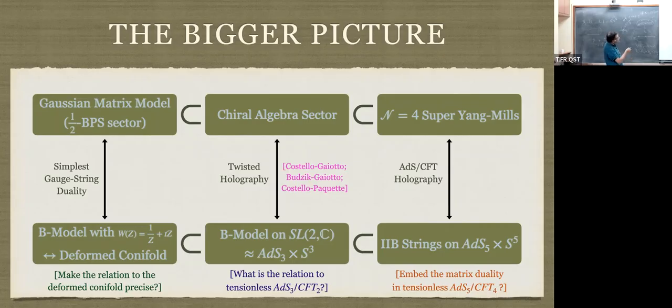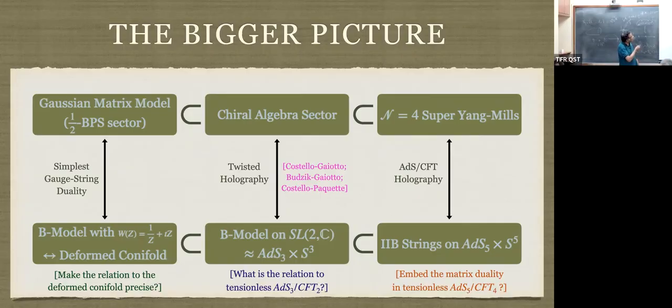This Gaussian matrix model, as maybe many of you are familiar, has appeared in N=4 Yang-Mills in many contexts, famously with the half BPS Wilson loop, and later many other correlators in the half BPS sector.